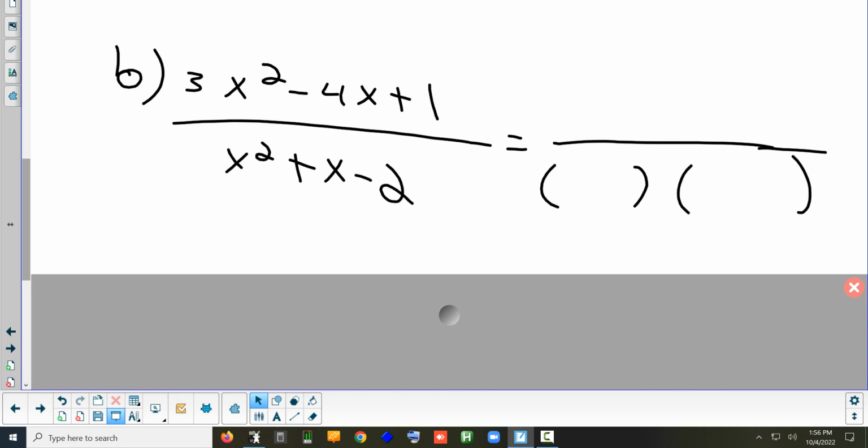And Alex, what's going to be my first term in each parenthesis when I factor it? Yep, I'm going to have an x and an x. Next, I need my signs. So, Kiana, what would my signs be to factor that?